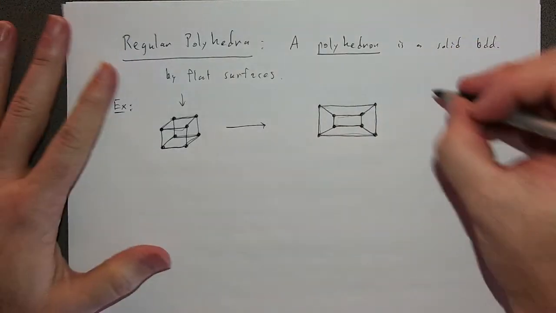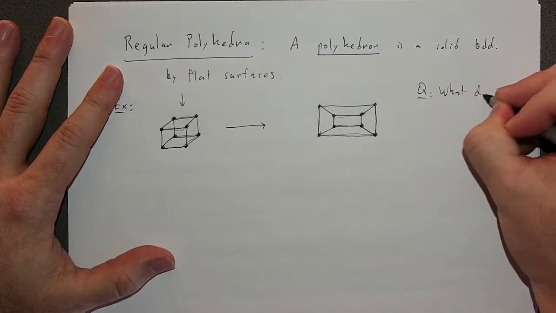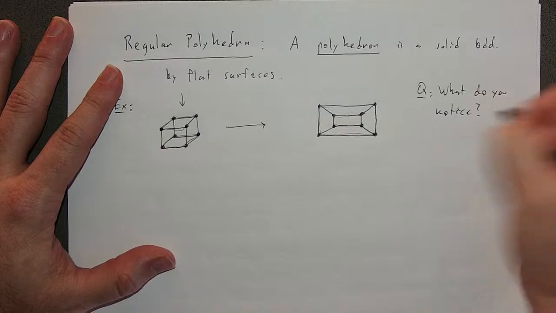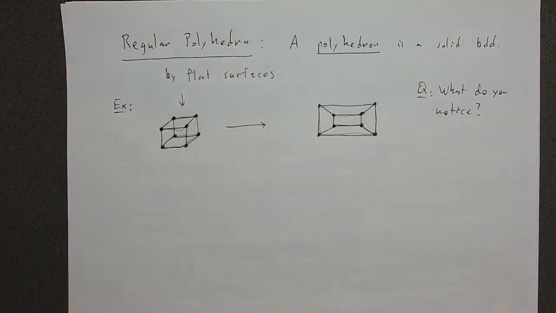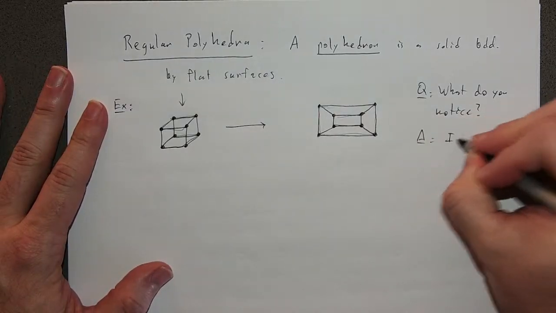Question. What do you notice about this graph? What is true about this graph that I have come up with as a representation for this polyhedron? Well, it is planar.